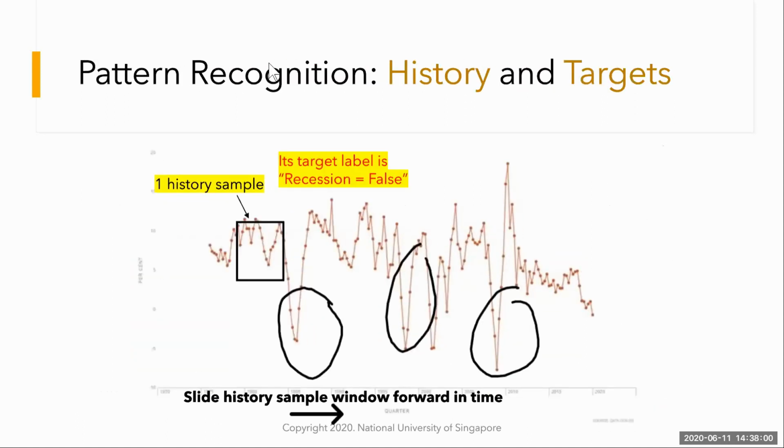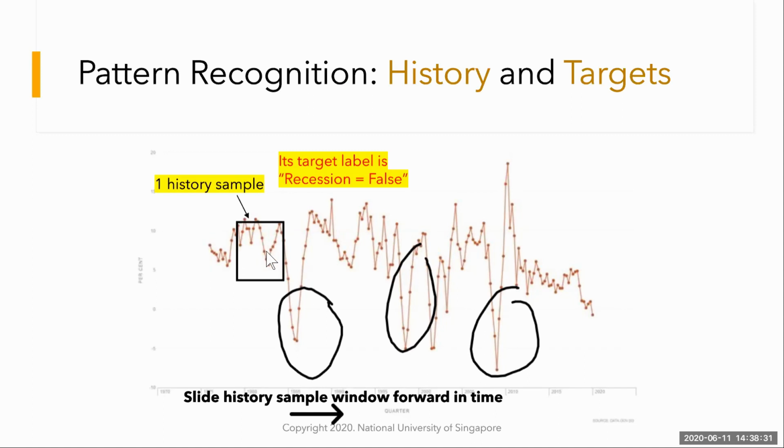Similarly for recognition, same sample, but now the target is not the value right outside. It's not the next value. It's whether or not this is a recession. For example, if I'm trying to predict recession, remember these circles are what I'm trying to detect, right? So in this case here, maybe I say this is not a recession yet because it's not that deep. I'm looking at this window and asking, is it a recession or not?